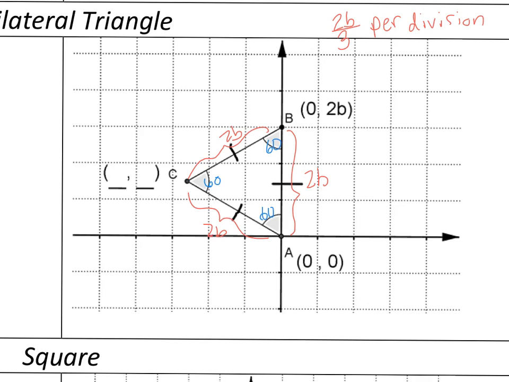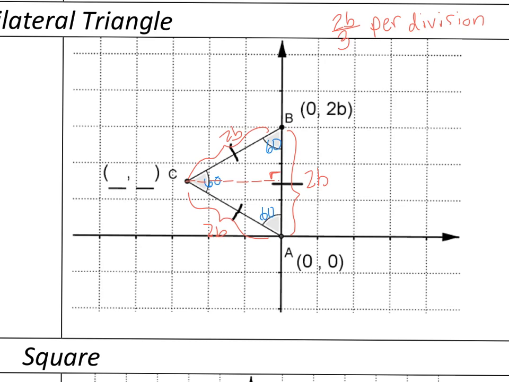We know that much. And let's try to figure out how we can find these missing coordinates for vertex C. Well, just like the previous example, we would draw the altitude or the height. So I'm going to go from that vertex C, and I'm going to go over to the opposite side perpendicularly.